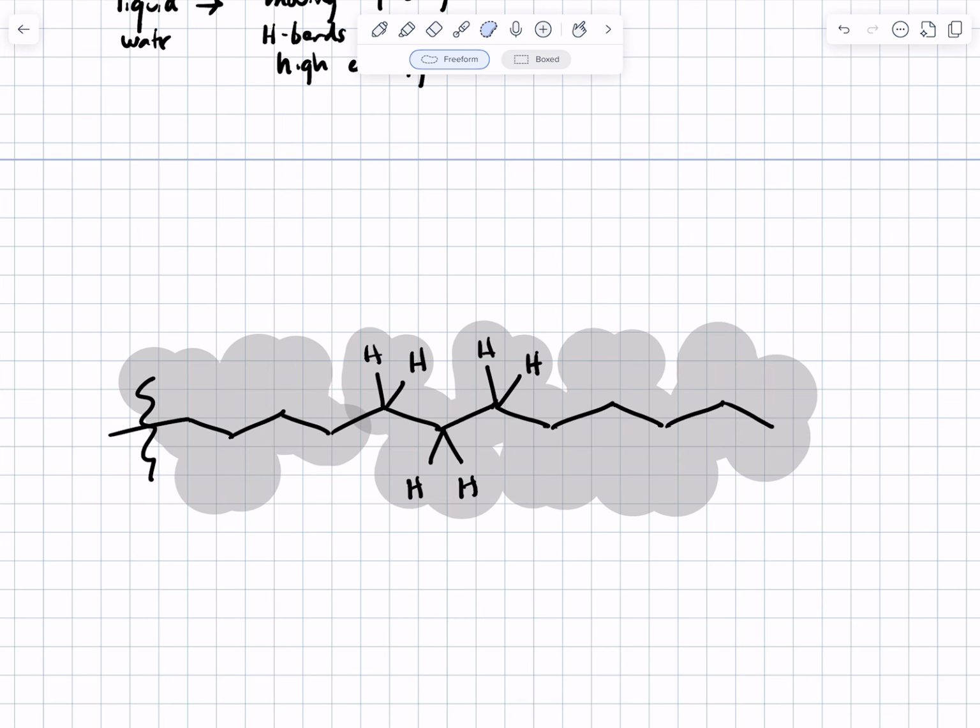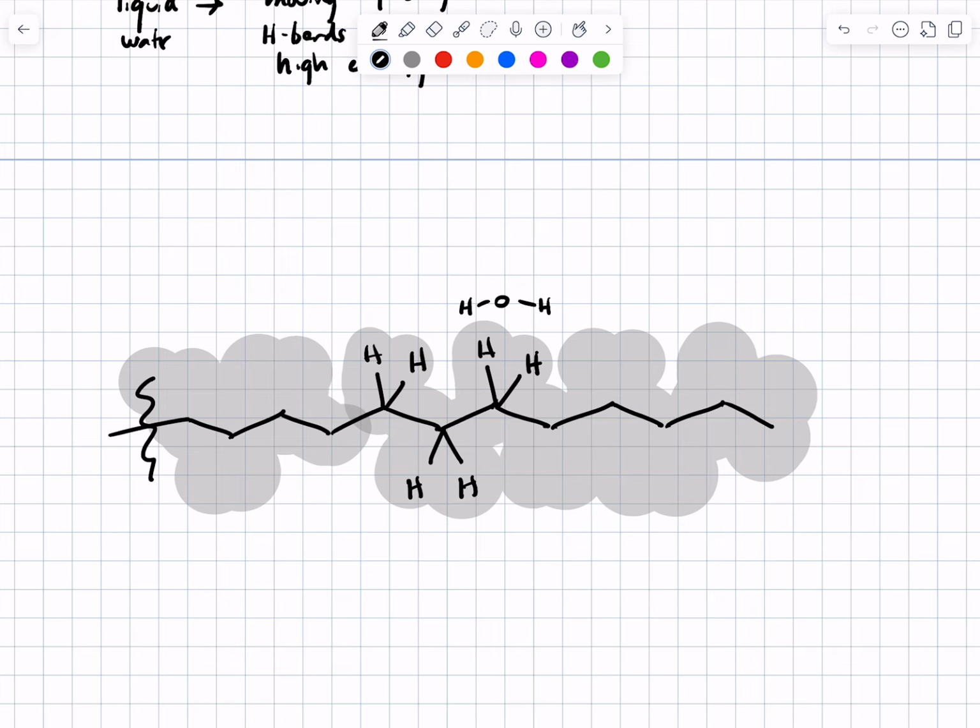Now, we've imagined that this triglyceride is dissolved in water, so it must be surrounded by water, but it can't hydrogen bond with the nearby water. In other words, it's taking up space in water that would normally have been occupied by other water molecules. So the water molecules in the immediate vicinity of the nonpolar molecule are not as hydrogen bound as they would like to be.